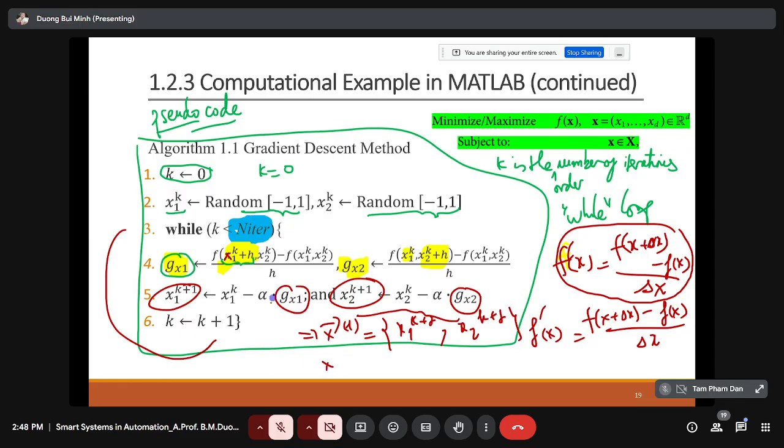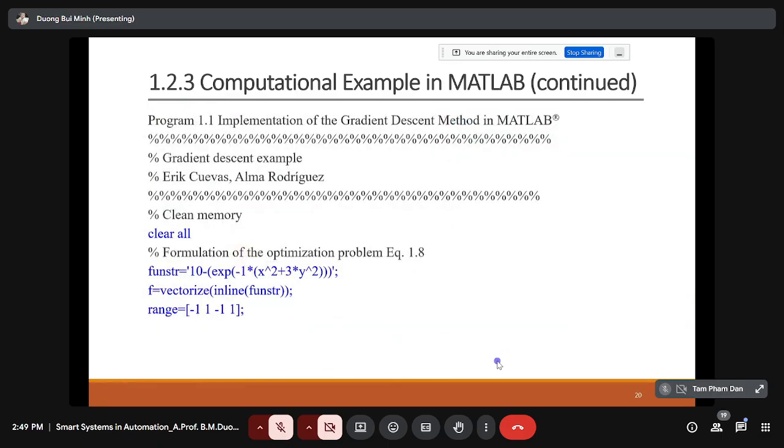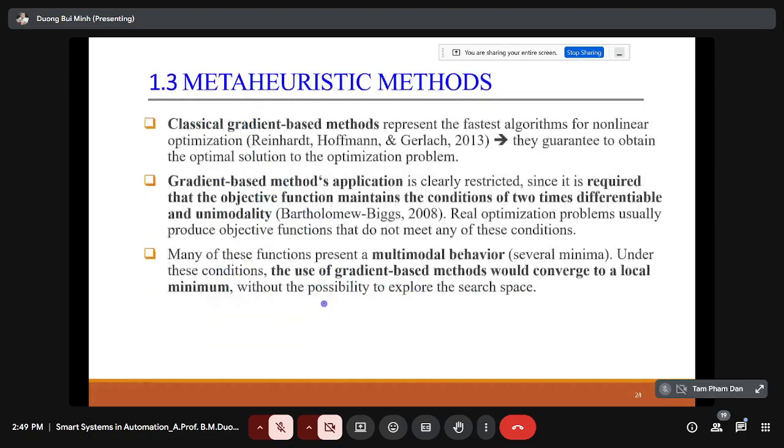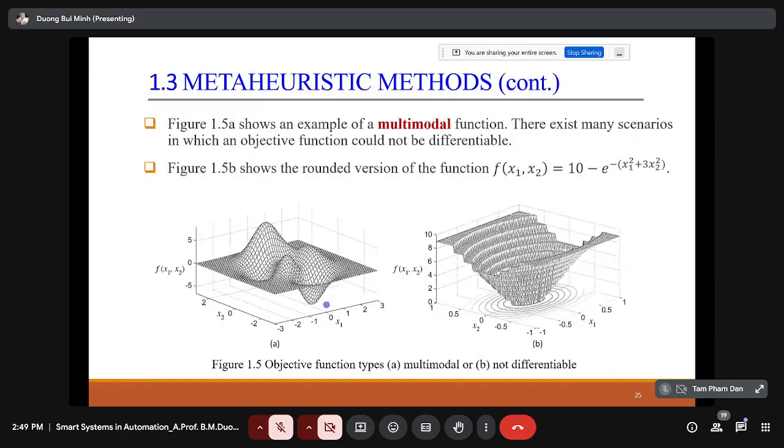You get vector x after the second iteration, after the third iteration, and so on. If we apply this pseudocode in MATLAB, you can get the result like this.